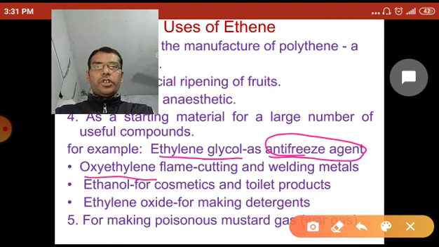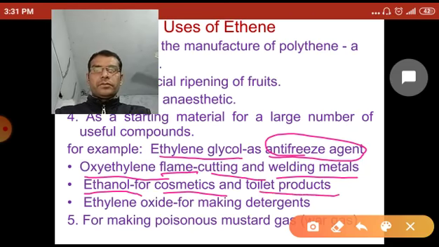Now oxyethylene flame is used for cutting and welding metals. Ethanol is used for cosmetic and toilet products. Ethylene oxide is used for making detergents.